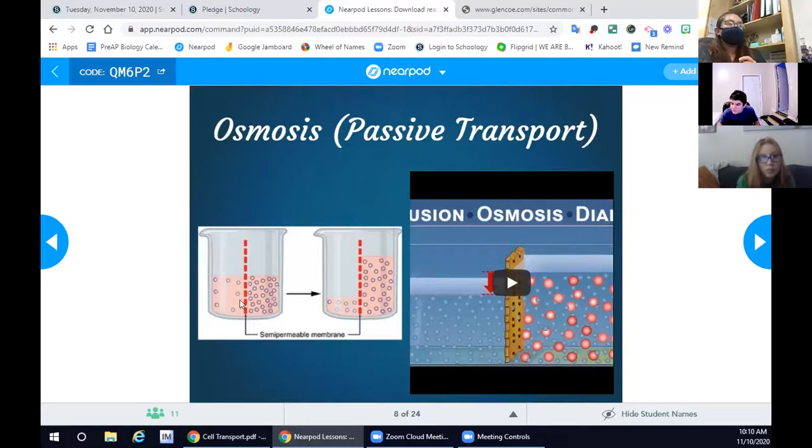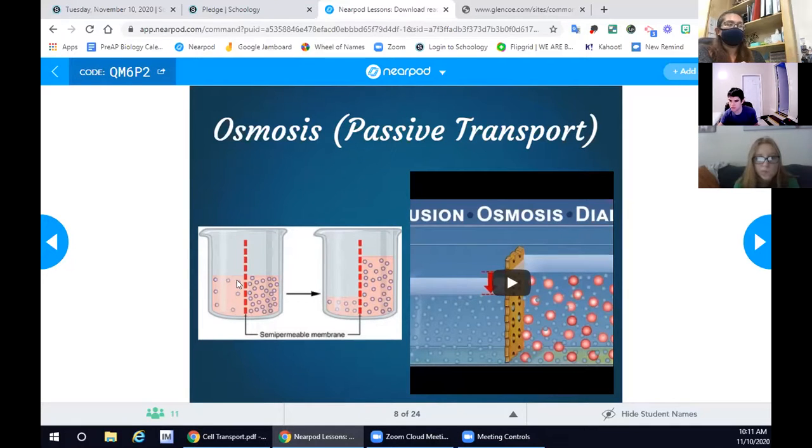So on my left side, we have a lot more water compared to the particles that are floating around it. And on my right side, we have a lot more molecules than the water in the membrane or in the cell. So over time, water is going to keep going through the semi-permeable membrane, only the water, until the water molecule distribution is the same percentage. So this is what water wants to be at. This is equilibrium to water.